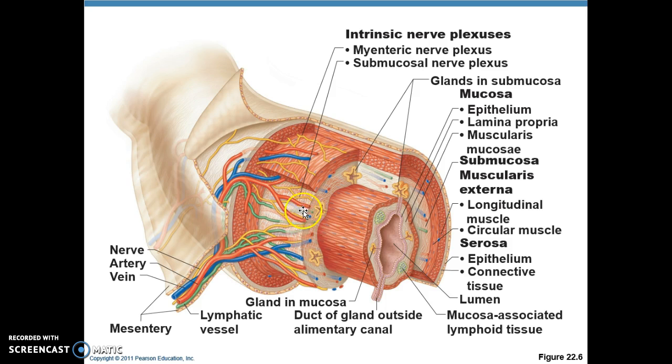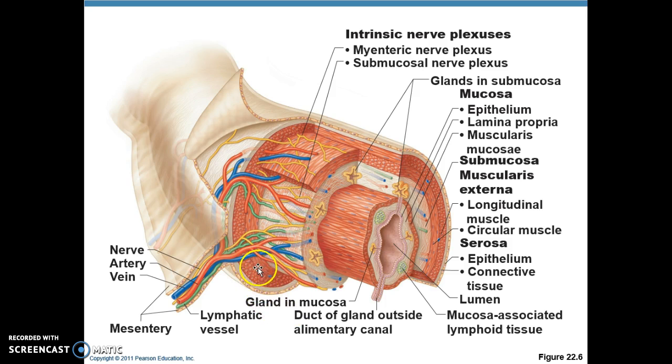Then the next layer out, which is this layer right here, is called the submucosa. You want to know this is made out of areolar connective tissue, which we looked at in AP1. And this is where you find additional glands, blood vessels, and nervous tissue as well.